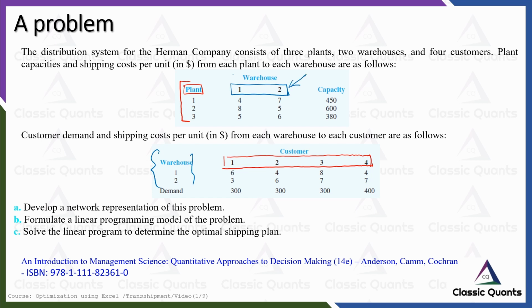These are called the transshipment nodes. So what is happening is, first of all, the material is moving from plant to warehouse and then from warehouse to customers.